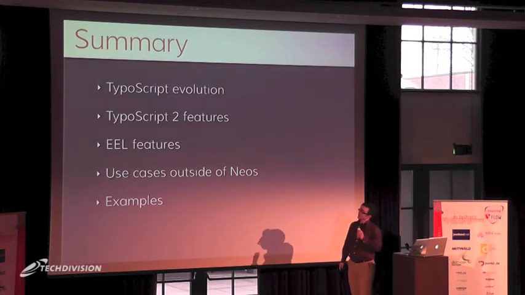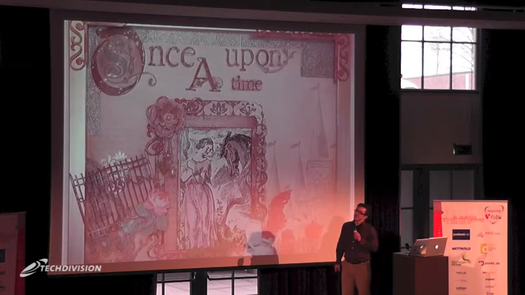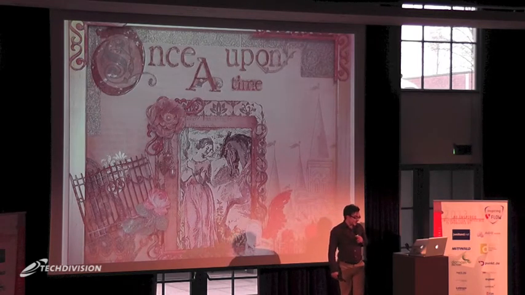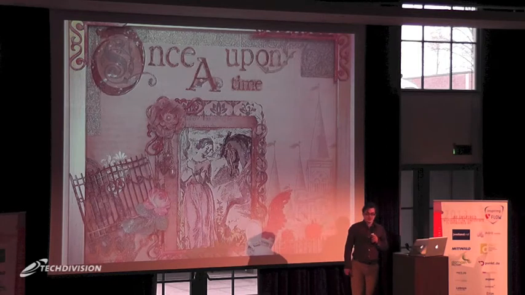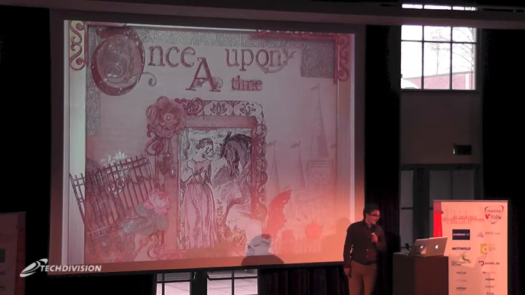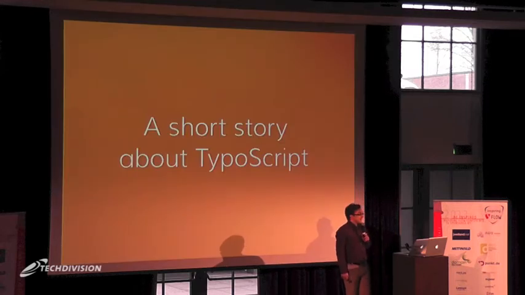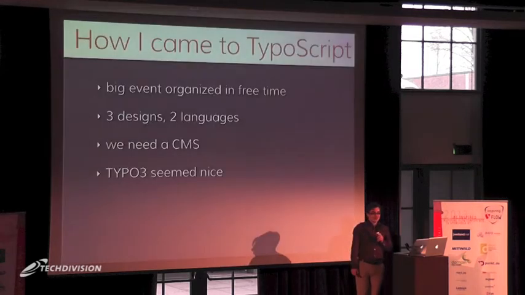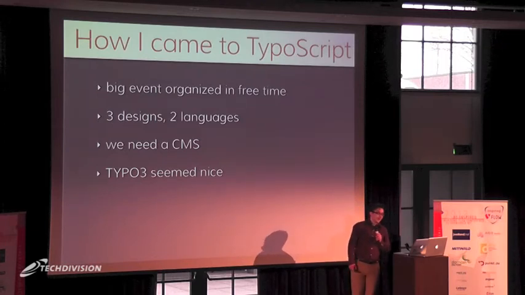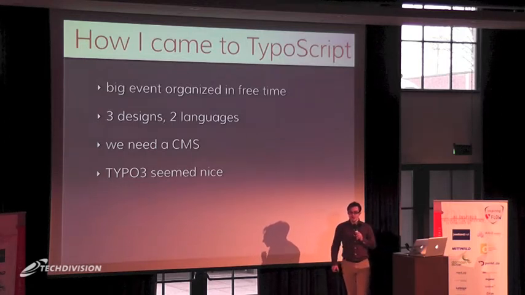So, TypoScript evolution. A little story. It is about a developer, a student, almost 10 years ago, and this student, he had worked with websites before and did a bit of programming, and he organized a big event together with other people, other students.